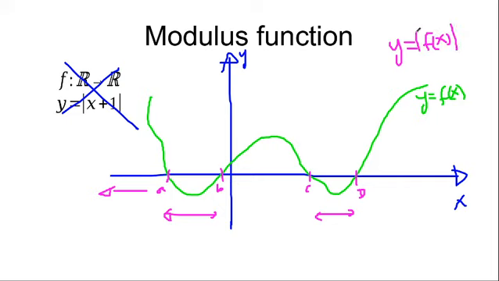You know that if the function takes positive values, you just leave it as it is. But when the function takes negative values, you just have to multiply it by minus 1, right? So between a and b and between c and d, you multiply the function by minus 1.